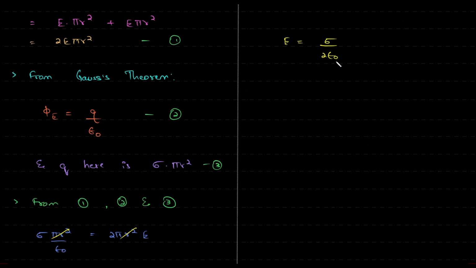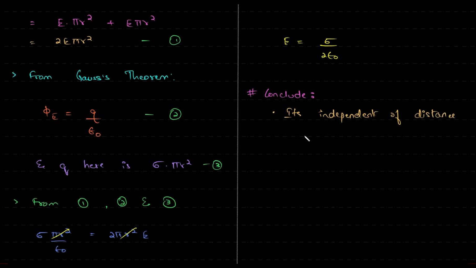Okay, so what can we conclude from this? Finally, we'll have to conclude. So what is it telling? Can you see that? It's a very important conclusion. Think about it. It's independent of distance, is it not? And what does that mean?